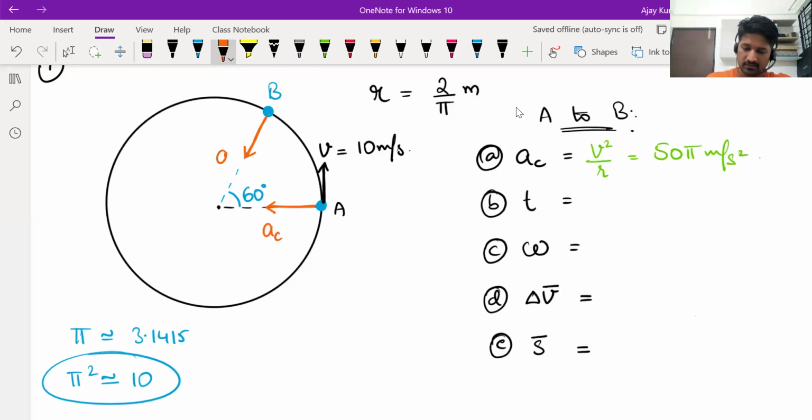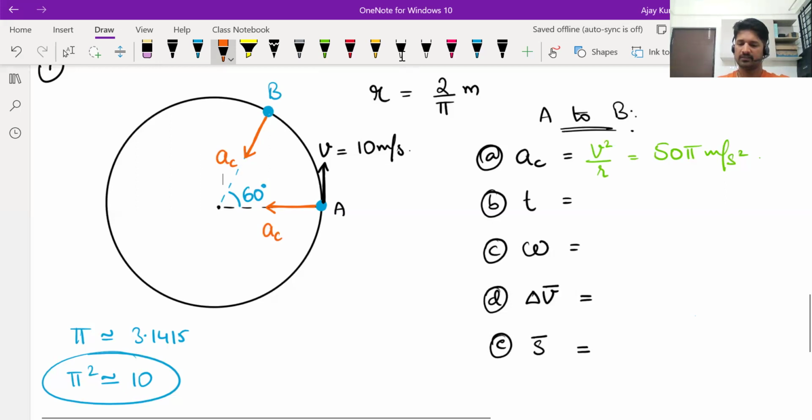It's the value. Numerical value doesn't change, but the question was, is centripetal acceleration constant? By definition, acceleration, whether it is centripetal or radial, tangential, whatever, is a vector quantity. So if someone asks you, is centripetal acceleration constant, you have to think of it as a vector, whether it is constant or not. And a vector includes magnitude as well as direction. So now what will your answer be?